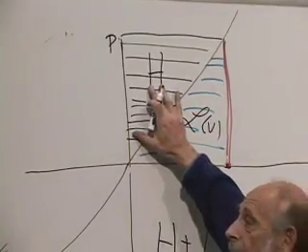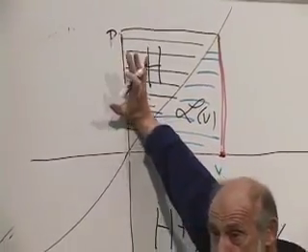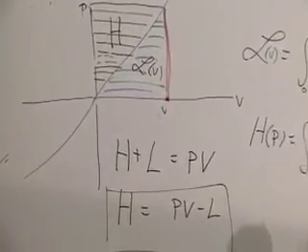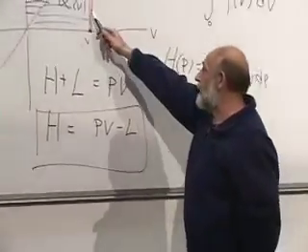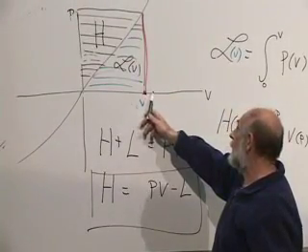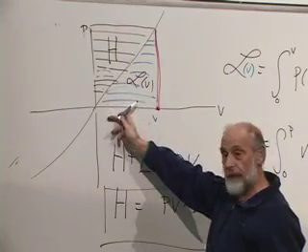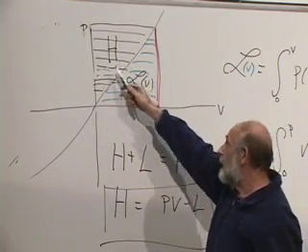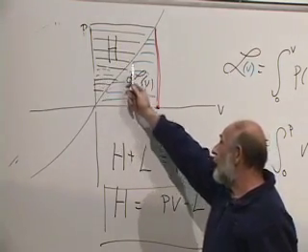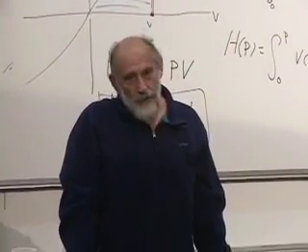H of p is the integral over this curve up to p. The derivative of L with respect to v is p, and the derivative of H with respect to p is v. p times v is L plus H. That's the simple geometry of it. Why is it so useful?